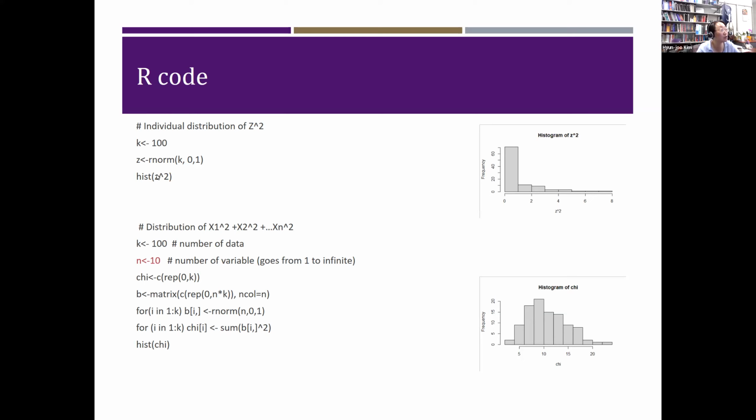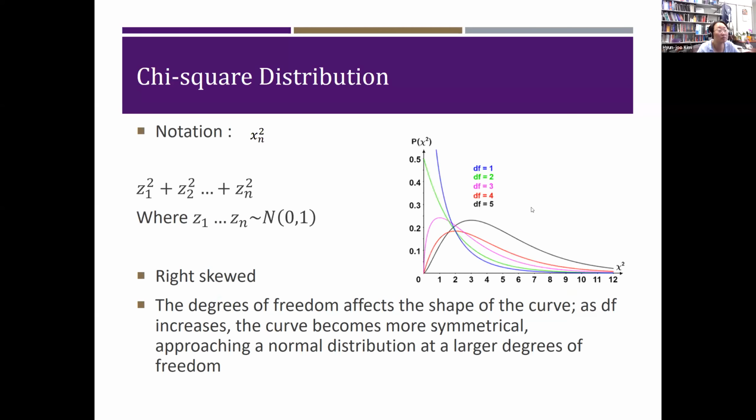So we take the square and want to see what the distribution of it is. The histogram is very right-skewed, similar to the graph in the previous slide with degrees of freedom 1.